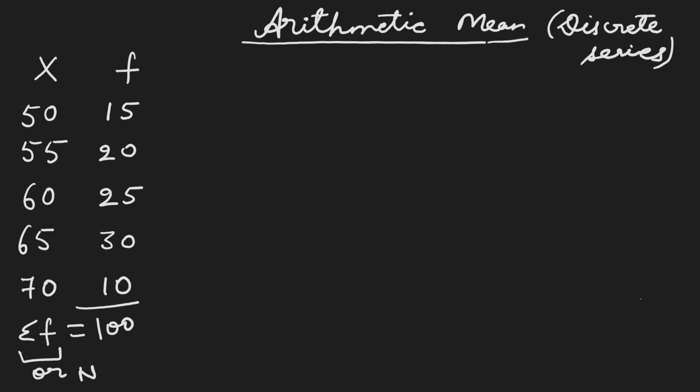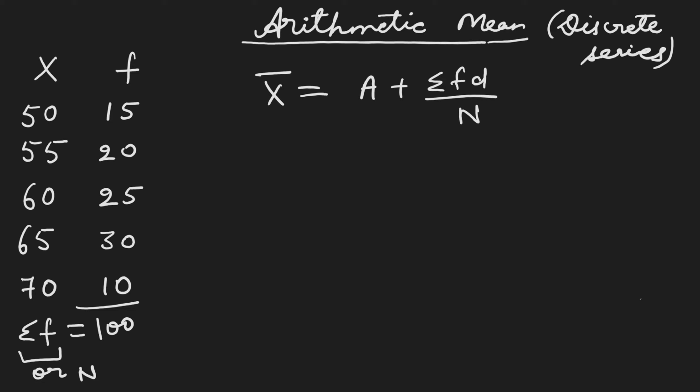So let's see its formula. What is the formula of shortcut method in discrete series? The formula is x bar is equal to a plus summation fd upon n. You have seen this formula while calculating arithmetic mean in individual series also.